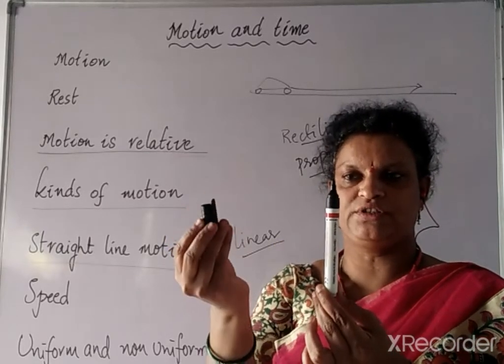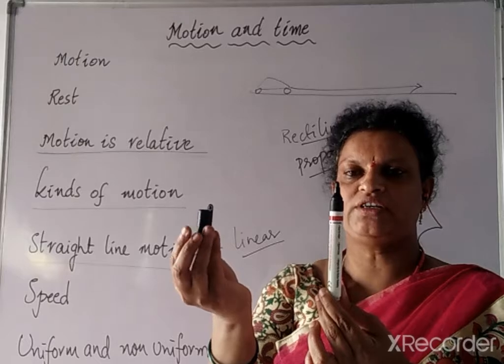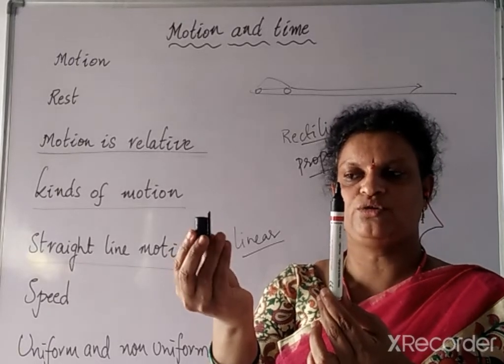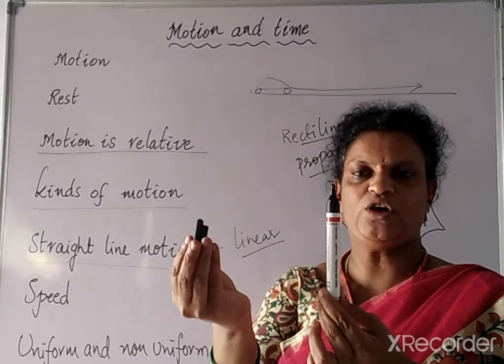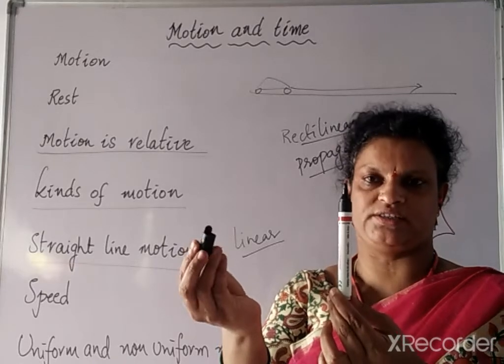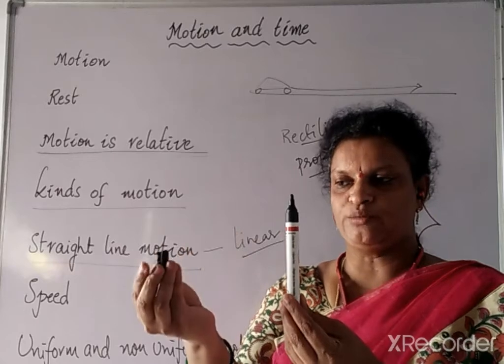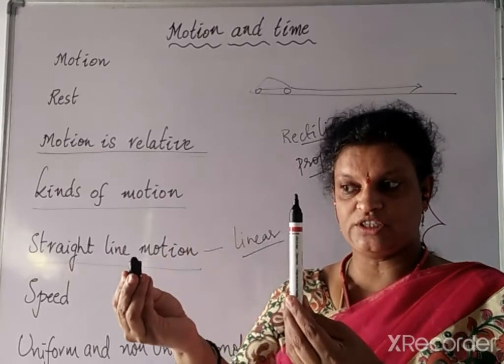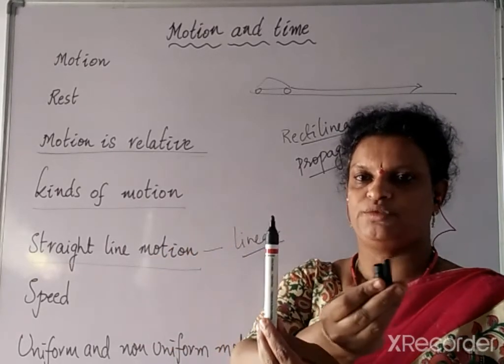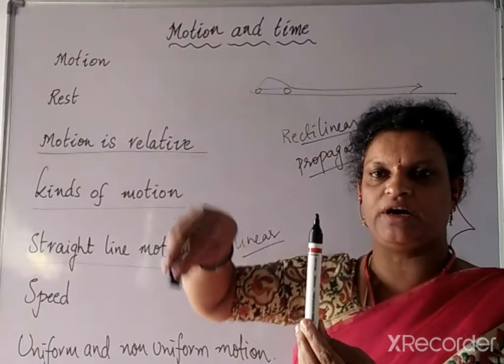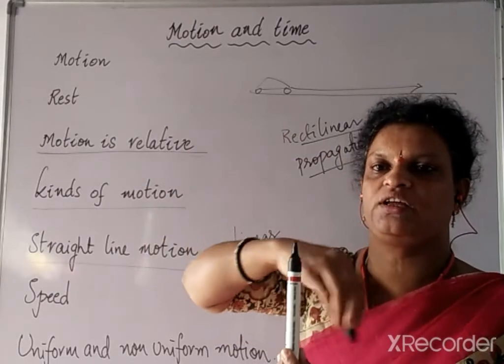This earth is rotating around its own axis. If any object is rotating around its own axis, we call it rotatory motion. But whenever an object is moving around another object in a circular path, we have to call this motion circular motion.